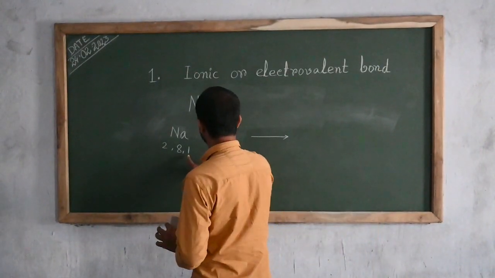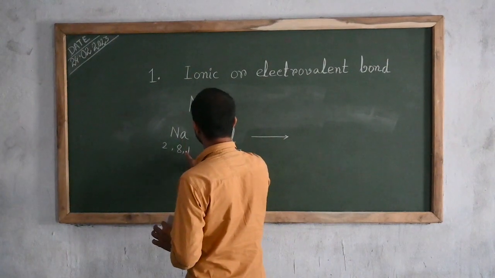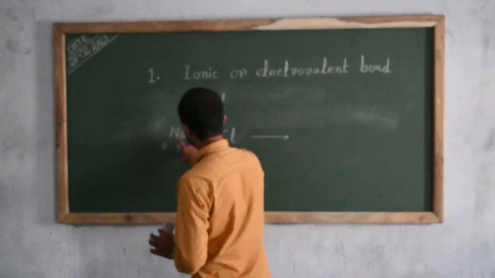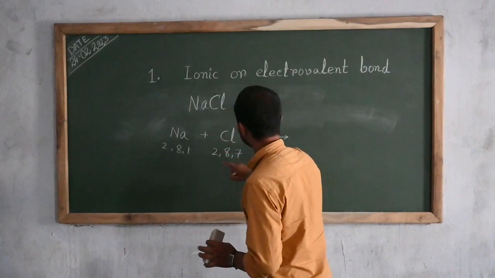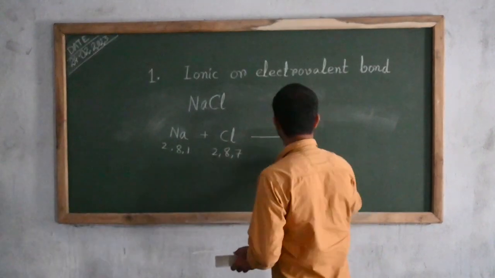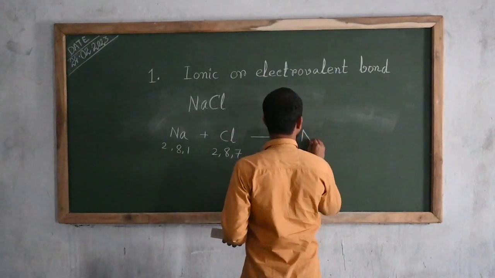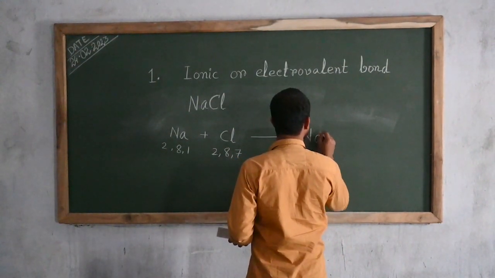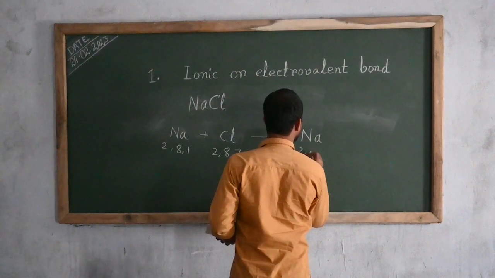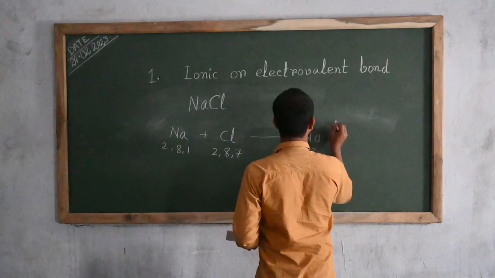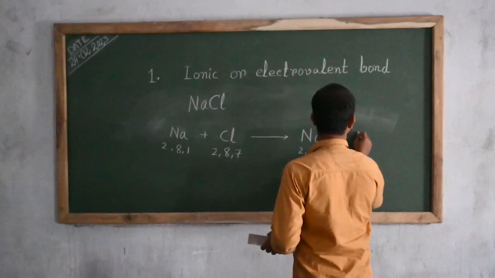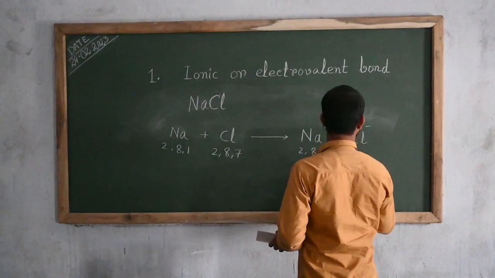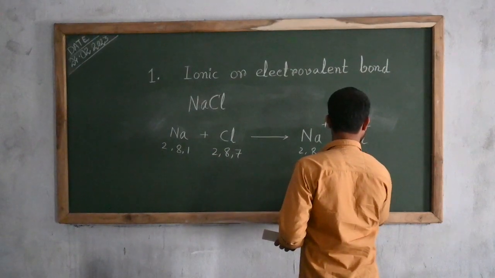In this fashion, one electron is released by the sodium atom and captured by chlorine, and two stable ions are formed: Na+ (2, 8) and Cl- (2, 8, 8).